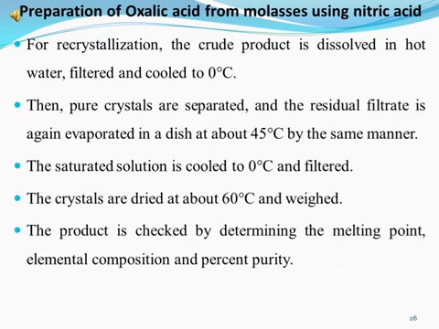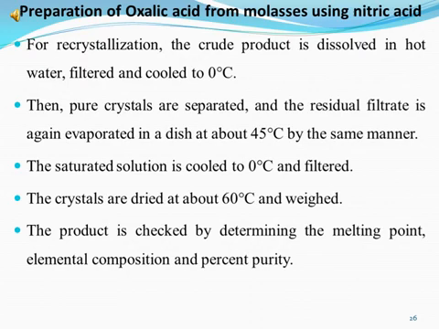Now, continuing the preparation of oxalic acid from molasses using nitric acid, for recrystallization, the crude product is dissolved in hot water, filtered and cooled to 0 degree Celsius. Then pure crystals are separated and the residual filtrate is again evaporated in a dish at about 45 degrees centigrade.